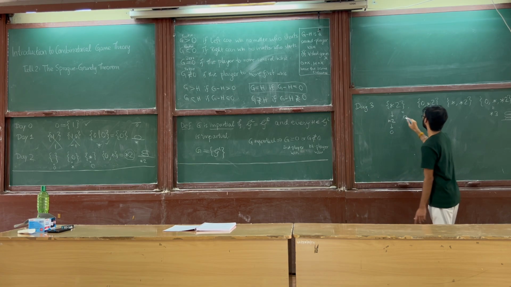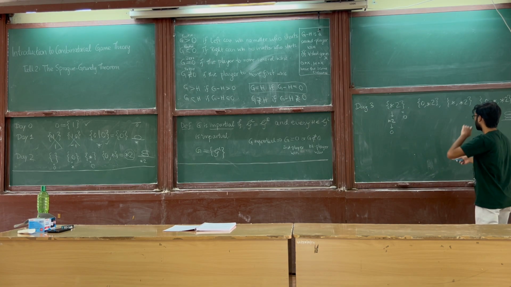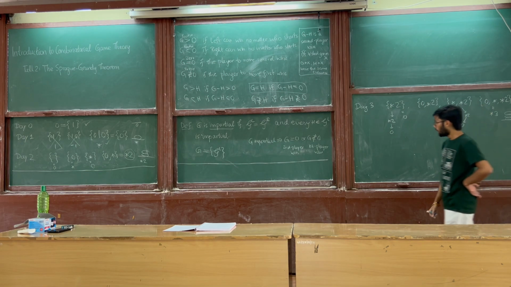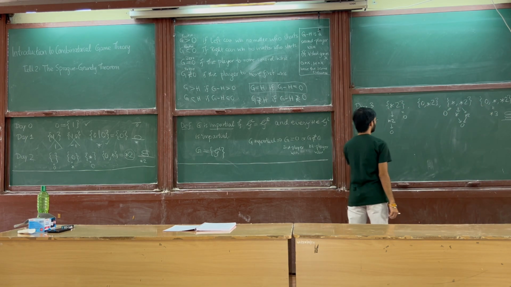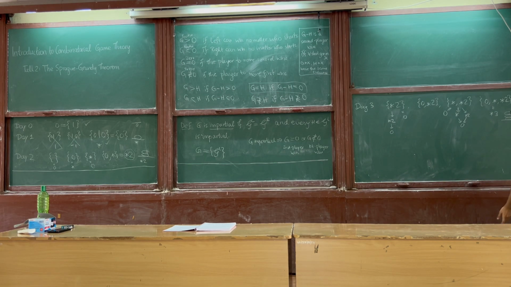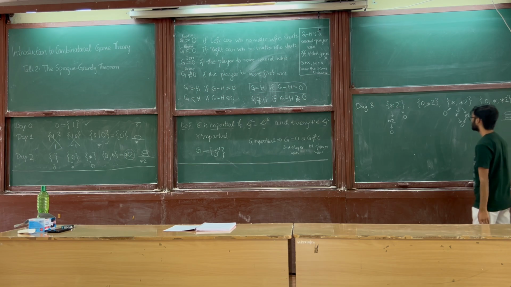So this is 0. What about this? Same thing. If you go to star or star 2, it doesn't matter. The next player can always go to 0. So this is 0 as well, right? And so two of the impartial games, which we hoped were new, are not new, and they are just really 0 in disguise.